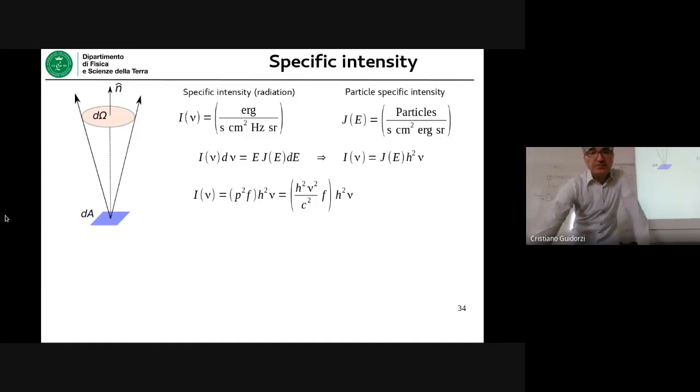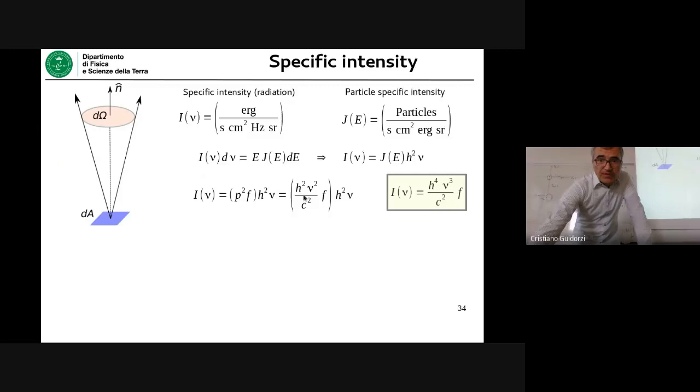So here the replacement is p equal h nu over c, squared because it is squared. You can collect the resulting dependence on nu, and you gain a factor of nu cube. So, except for constants like the Planck constant and the speed of light, let's focus on nu cube f. I is proportional to nu cube f.